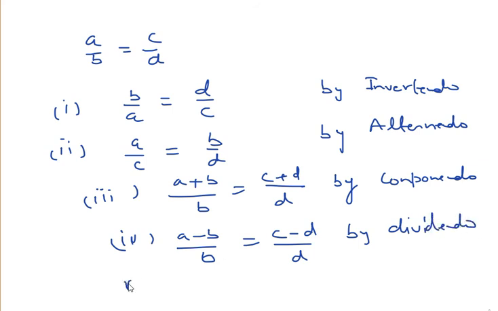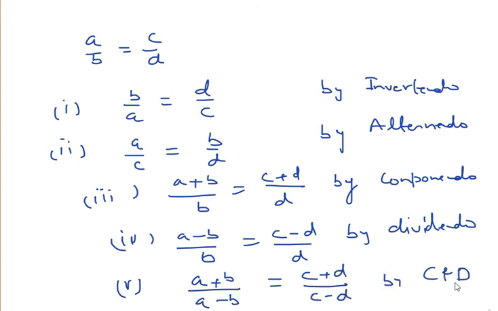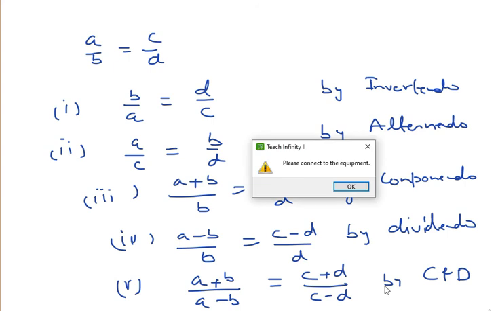And if we apply both componendo and dividendo, it will be A plus B upon A minus B is equal to C plus D upon C minus D. So this is called the basic concept of ratio and proportion.